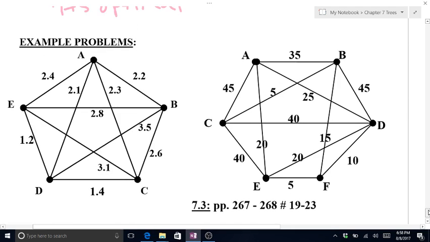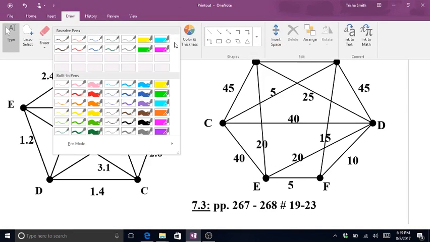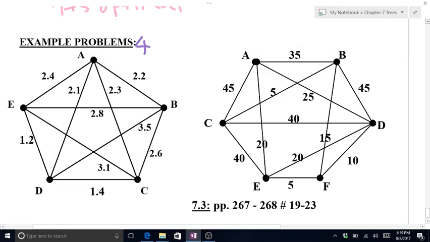Two more to look at. So, the one on the left has 5 vertices, which means we need 4 edges. So, smallest is 1.2, next smallest is 1.4, followed by 2.1, followed by 2.2.